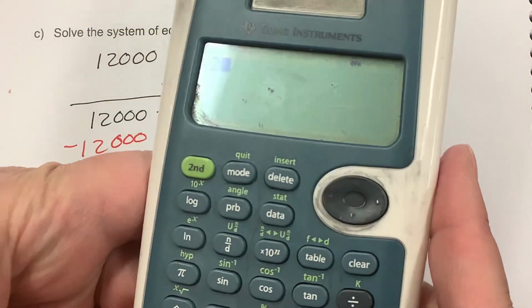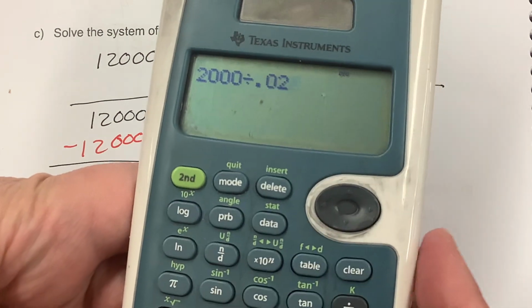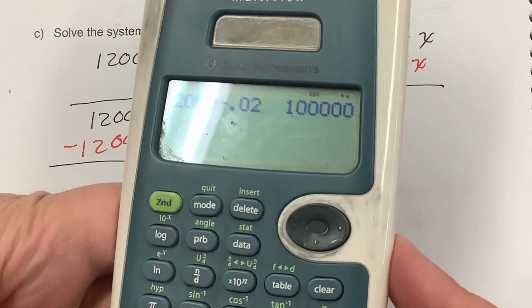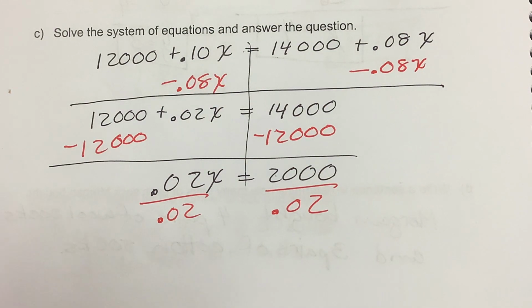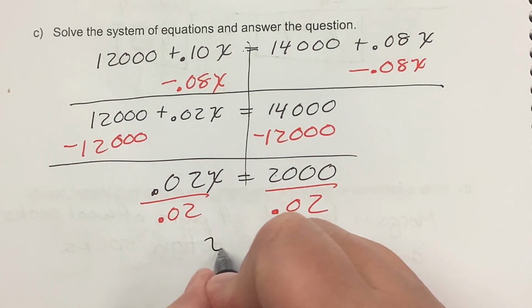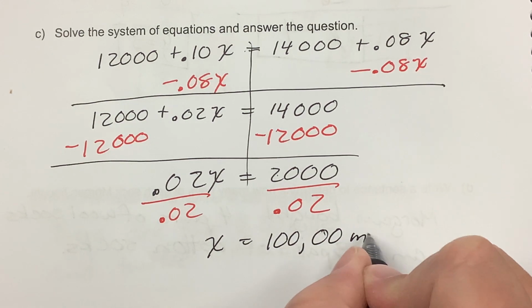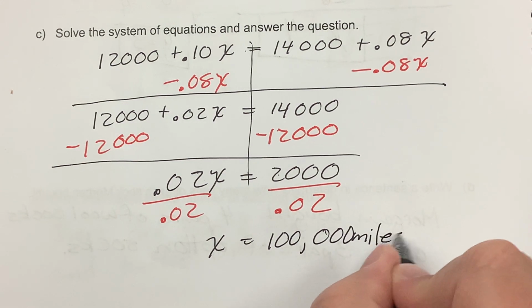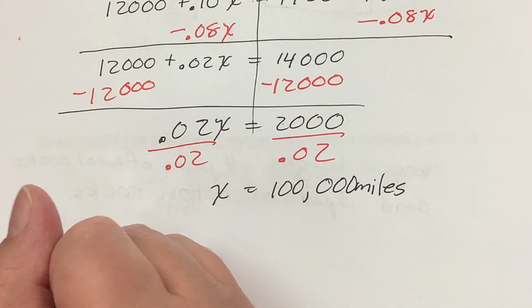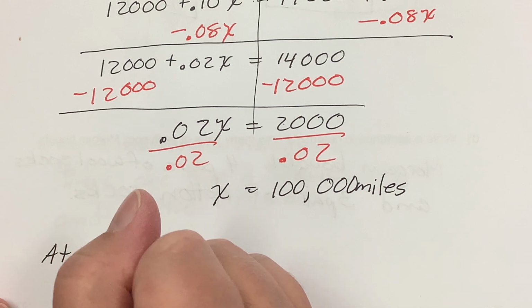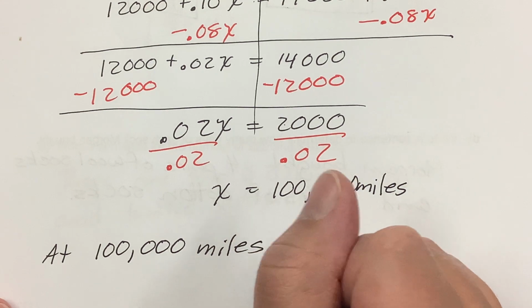All right. 2,000 divided by 0.02 is 100,000. That means at 100,000 miles, they will be exactly the same cost. So x equals 100,000 miles. And my sentence would be, at 100,000 miles, the total cost is the same.